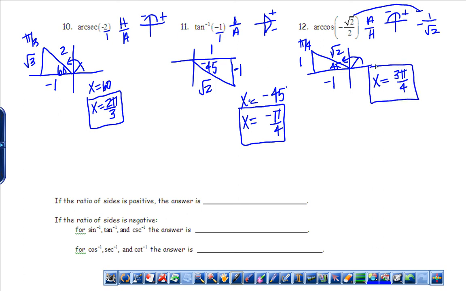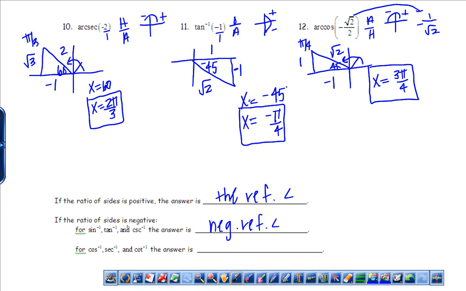Okay, on the bottom here, all it's saying is if the ratio of sides is positive, then the answer is the reference angle. If the ratio of sides is negative, for sine, tangent, or cosecant, the answer is the negative reference angle.